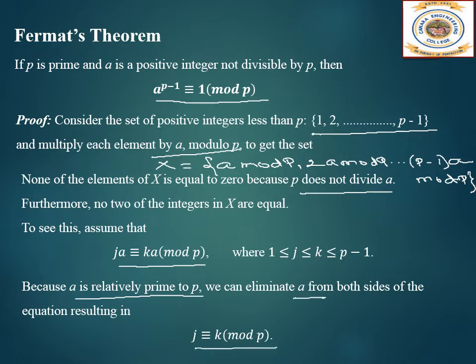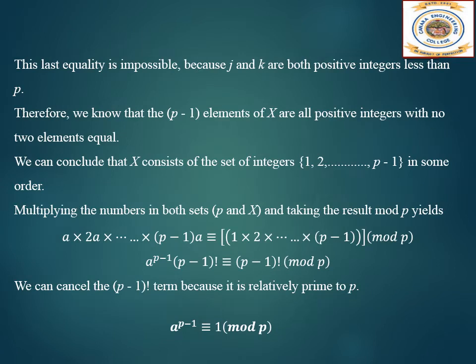So we get j congruent to k mod p. This last congruence is impossible because j and k are both positive integers less than p. Therefore, the p minus 1 elements of X are all positive integers with no two elements equal.